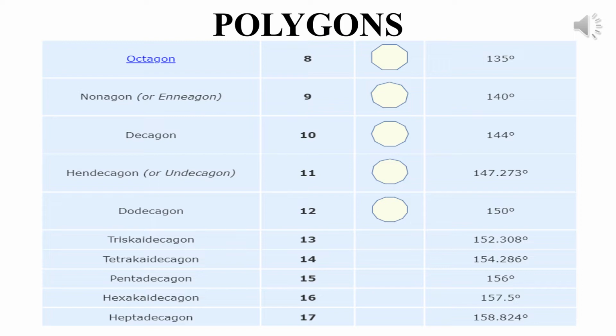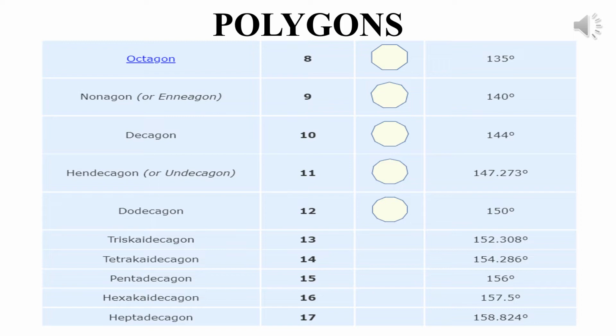Nonagon or enneagon has nine sides, interior angle is 140 degrees. Decagon has 10 sides, interior angle is 144 degrees. Hendecagon or undecagon has 11 sides, interior angle is 147.273 degrees. Dodecagon has 12 sides, interior angle is 150 degrees.